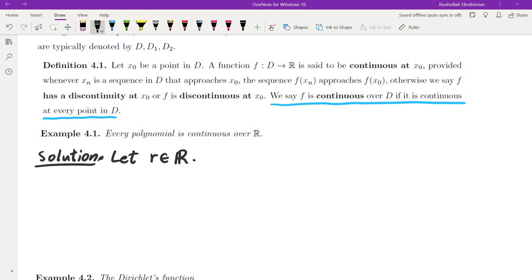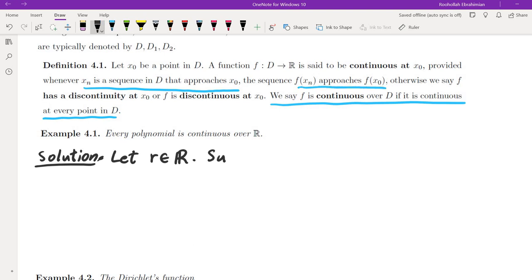Now in order to show the polynomial is continuous at r, we will have to show if xn is a sequence that approaches x naught, then f of xn also approaches f of x naught.